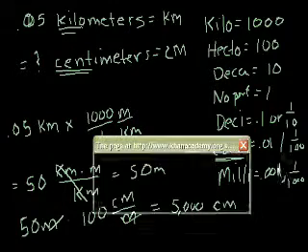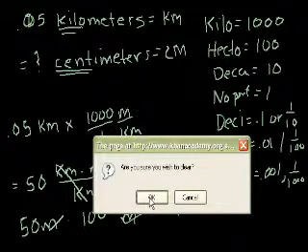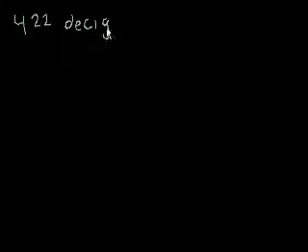Let's do another problem. I think the more examples you see, it'll make a little bit more sense. And always try to visualize what we're doing, the scale. Otherwise, it's very confusing whether you should multiply or divide. Let's say I have 422 decigrams. Grams are a measure of mass. 1 gram is actually a very small amount. In the metric system, they measure gold in terms of grams.